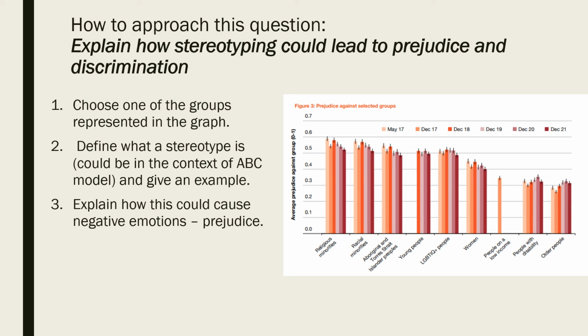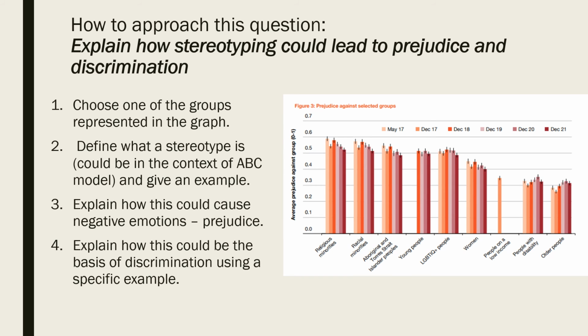Explain how this could cause negative emotions and thus prejudice. And lastly, explain how this could be the basis of discrimination, using a specific example of how this group may be discriminated against. Pause the video while you now attempt to answer the question.